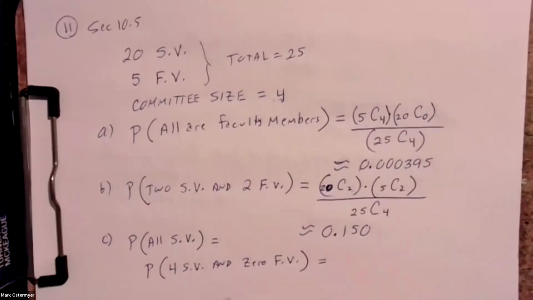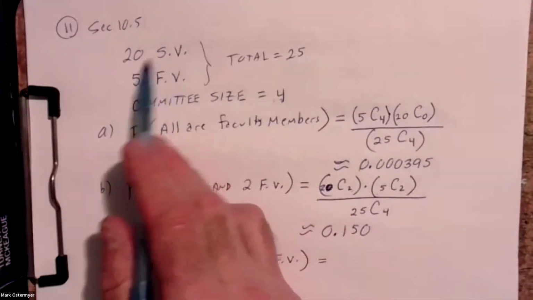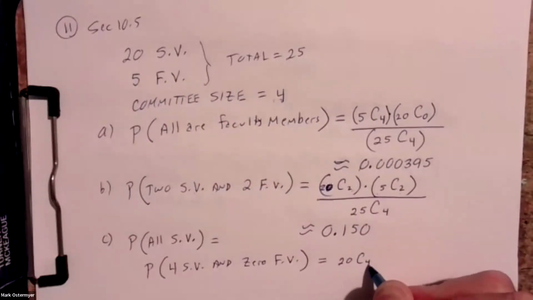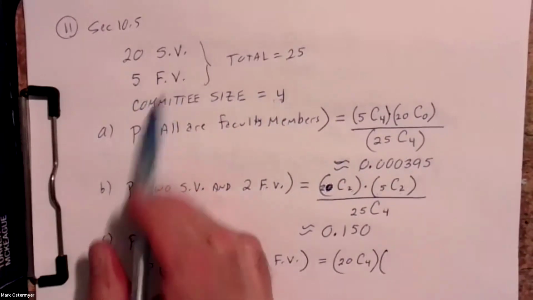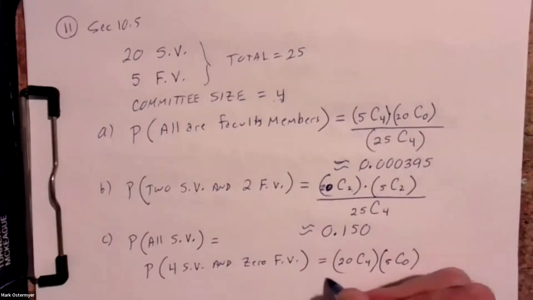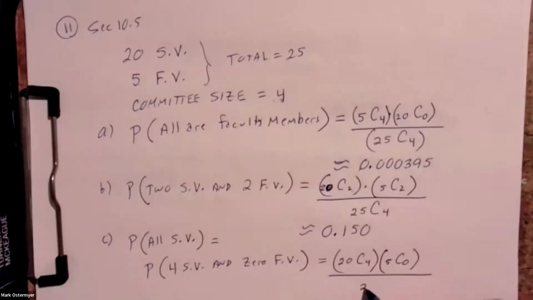How many ways can I choose 4 student volunteers from 20 available? If order doesn't matter, that's going to be 20 in combination with 4. Times, how many ways can I choose 0 faculty volunteers from 5 available if order doesn't matter? That'll be 5 in combination with 0. Divided by how many ways can I choose 4 people from 25 total? Order doesn't matter. 25 in combination with 4.